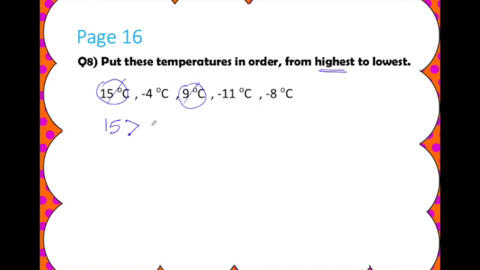Then we have 9, and we continue with the negative numbers. From the negative numbers, -4, -11, and -8, we need to choose the highest value. Highest value, go to the least number. So -4 degrees Celsius, between -11 and -8. Highest value, go to the least number, which is -8, and the last one is -11 degrees Celsius.